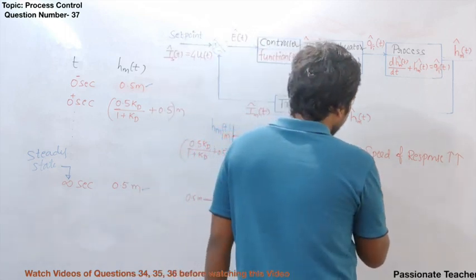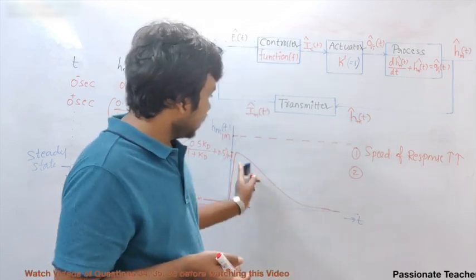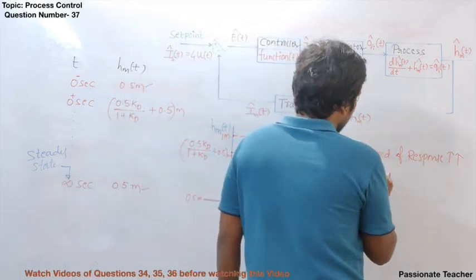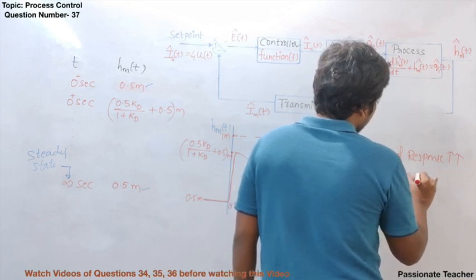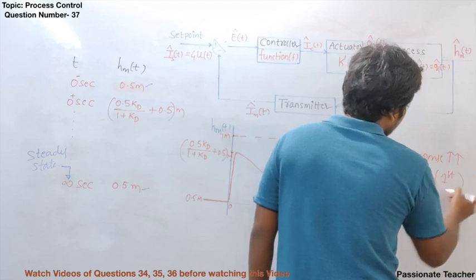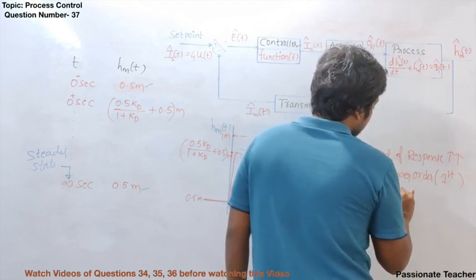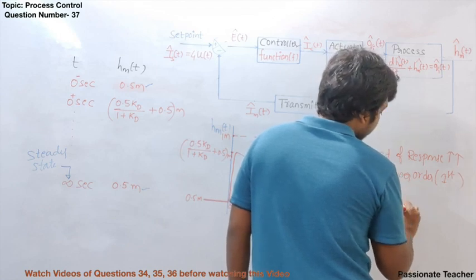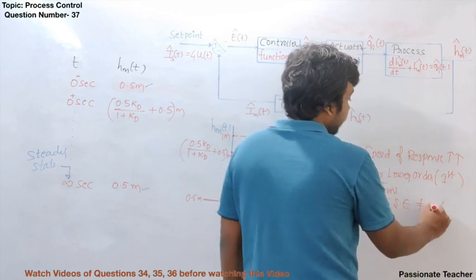And the drawback here, what we need to remember at this point of time, is the steady state error for lower order systems, for example first order systems. Steady state error, SSE, can't be equal to 0%.